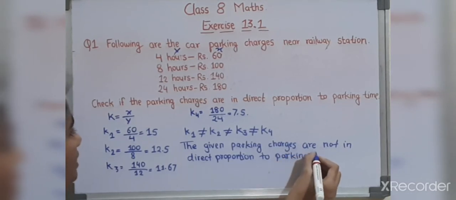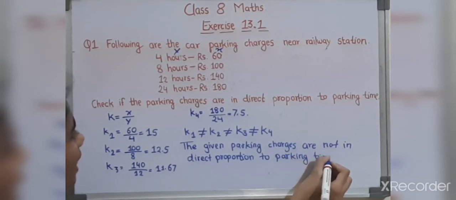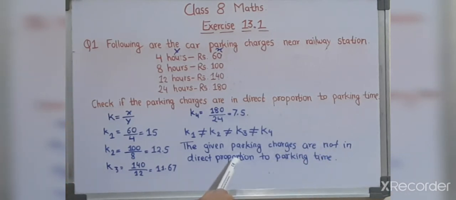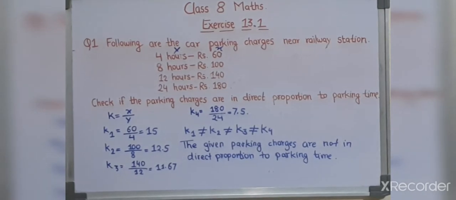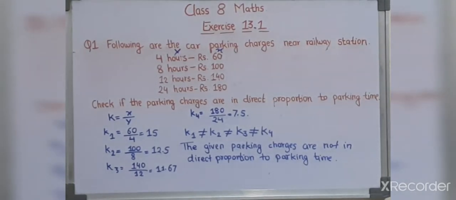So henceforth we say that the given parking charges are not in direct proportion to parking time. So hope you understand this question. Now let's move on to the next question.